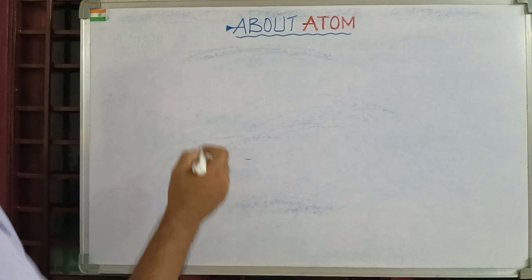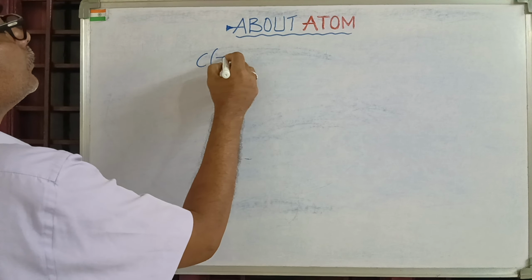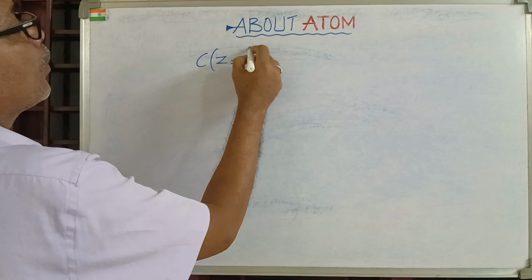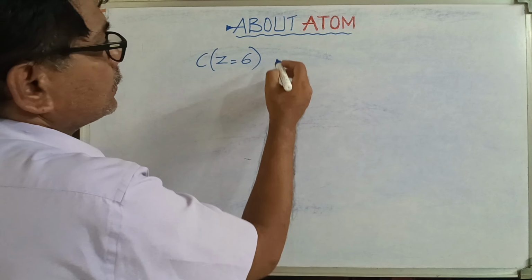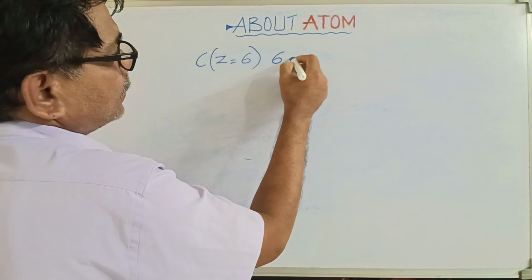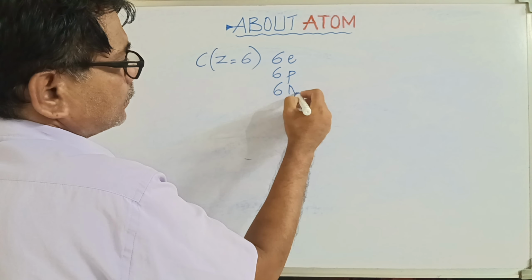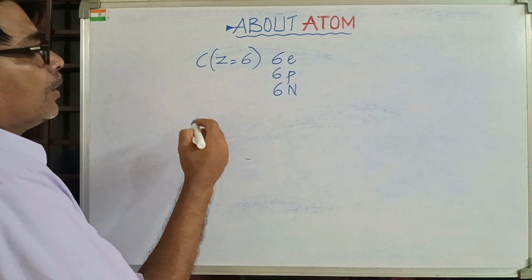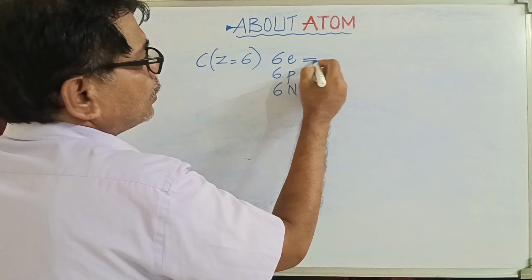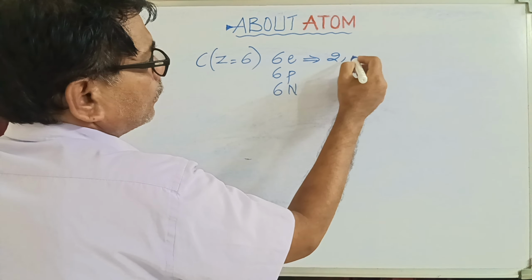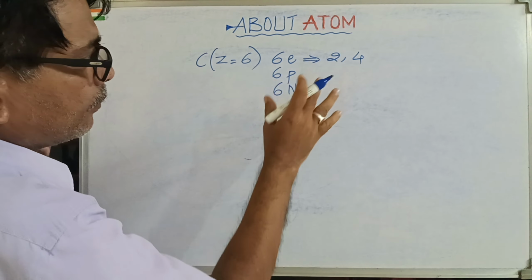Now let me take the example of carbon. The atomic number of carbon is 6. That means a carbon atom contains 6 electrons, 6 protons and 6 neutrons. Now these electrons are distributed like this: 2, 4. I will explain what that is one by one.